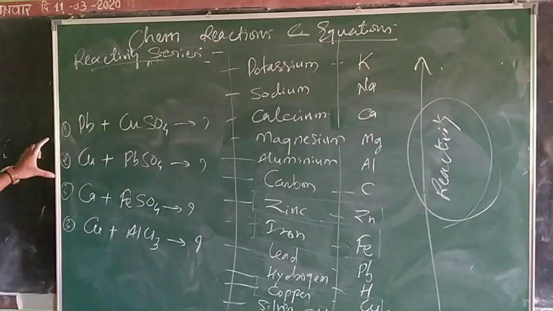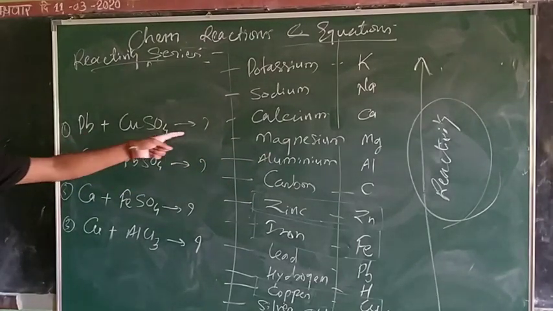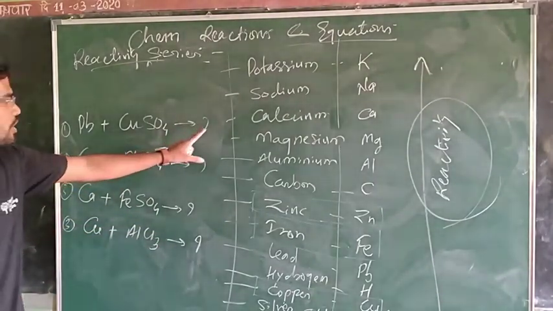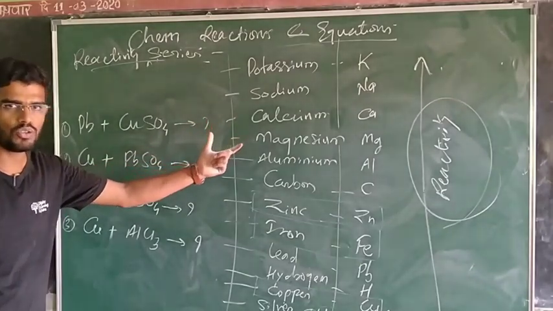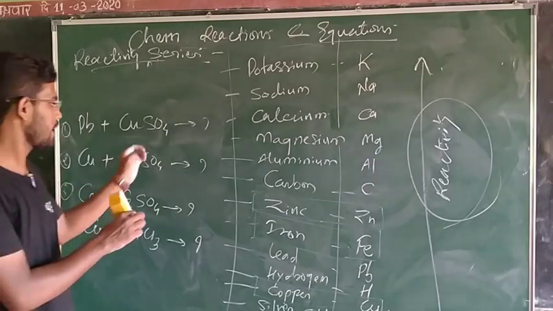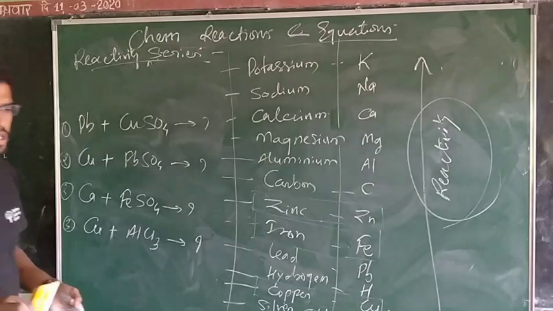Four reactions I have given, depending on the chart, everything is in front of you. You need to answer these reactions. Is a product possible? If yes, then what is the product? If no, why can't that reaction take place? You need to write answers for this, and you may send them on WhatsApp.